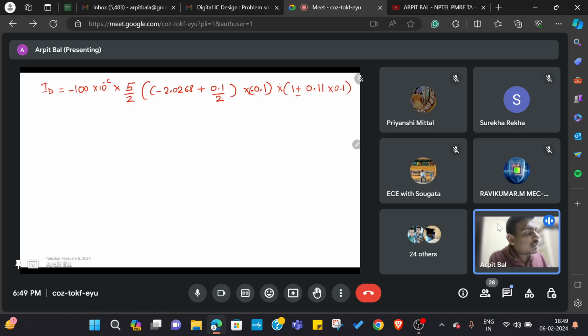This sign is plus because VGS minus VTH is negative and VDS, 0.1, is also negative. So I'll cancel these two negative signs.